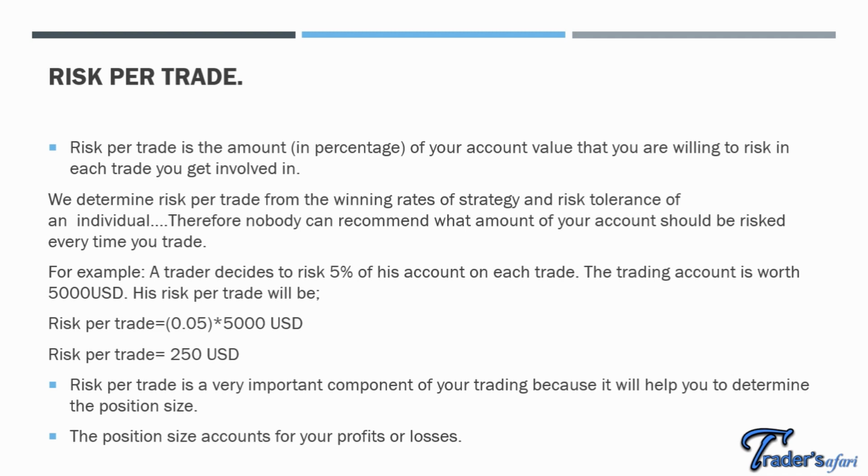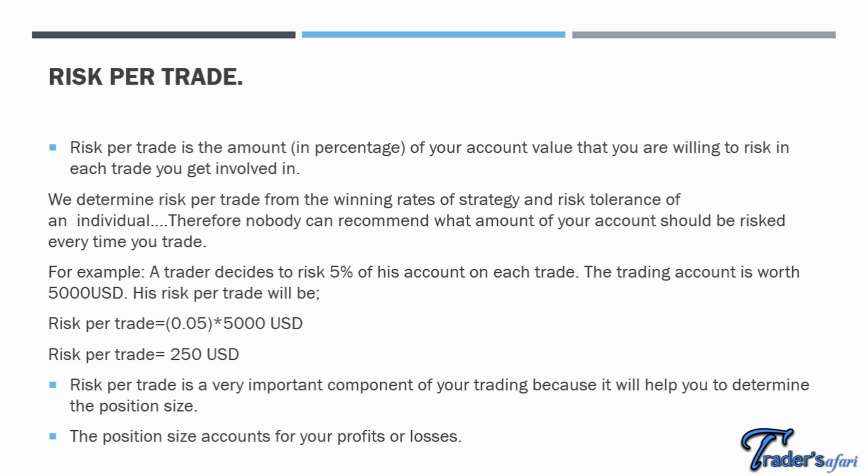Therefore, nobody can recommend what amount of your account should be risked every time you trade. So this is an individual thing, but as a pro trader, I recommend using about 2% of your account. Just risk as low as you can, because you never know how much you may lose. So you should try to keep it as low as you can.